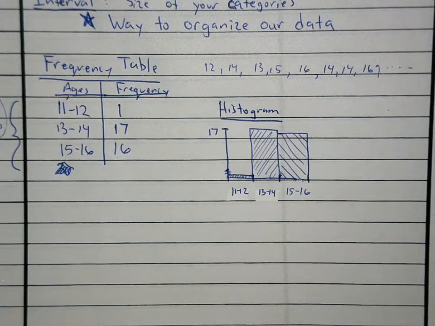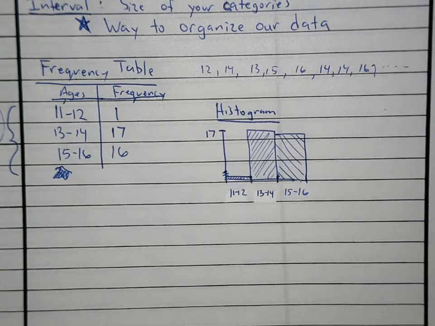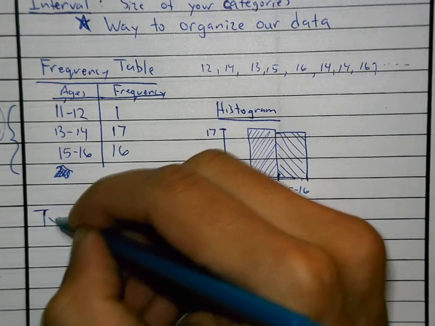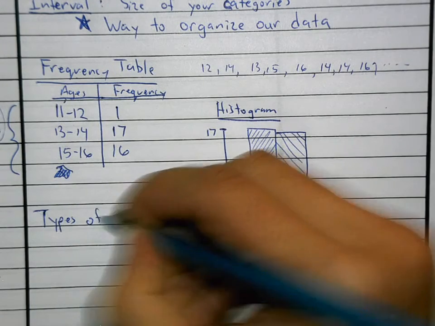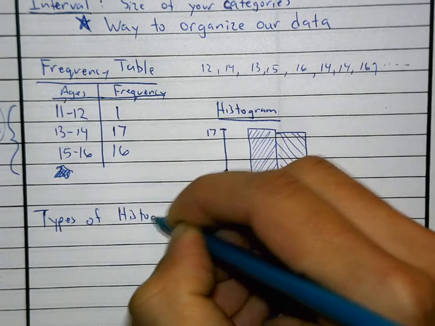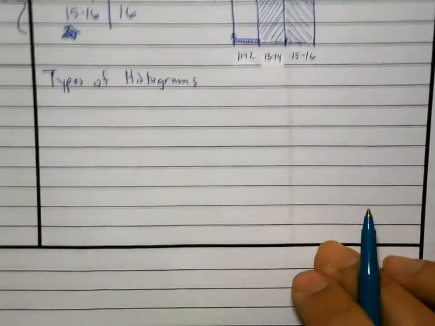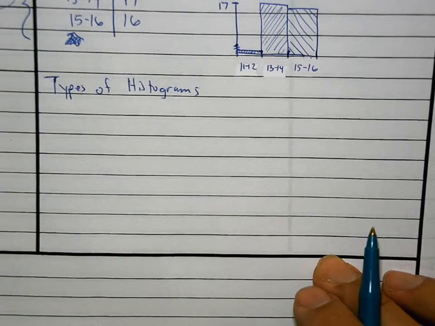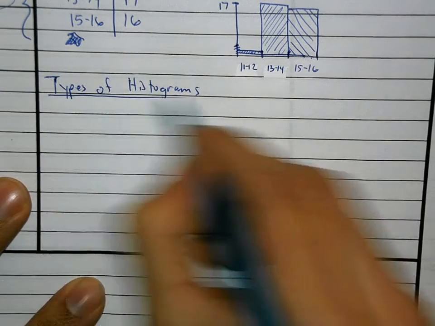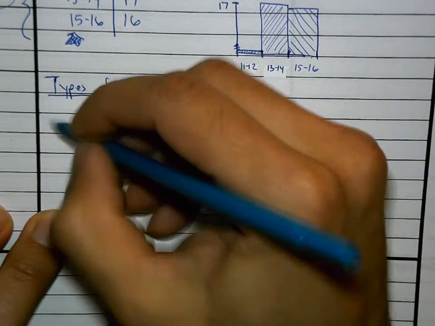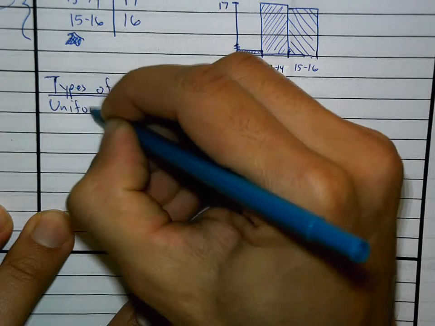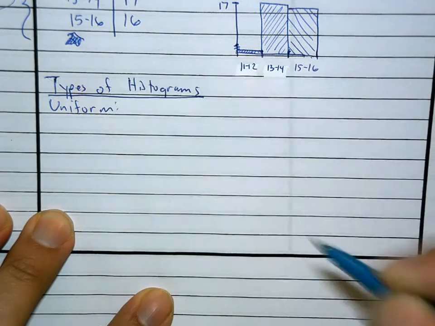Pretty simple stuff, right? Okay, there are types of histograms. Like categories, if you will. There's uniform. There's skewed.